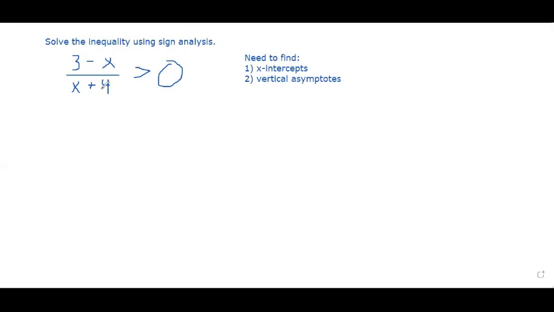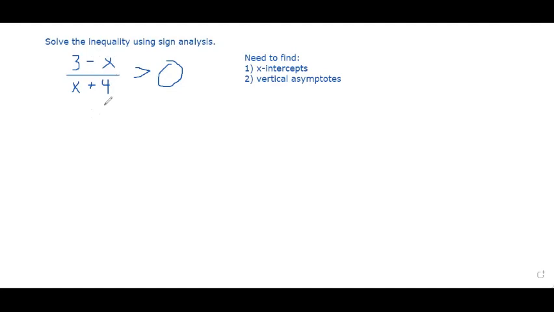Now, to find the x-intercepts of any function, we would need to determine the x values that make the entire function equal to 0. With rational expressions, we can take a shortcut because we know that if the numerator is equal to 0, then the entire rational expression is equal to 0.